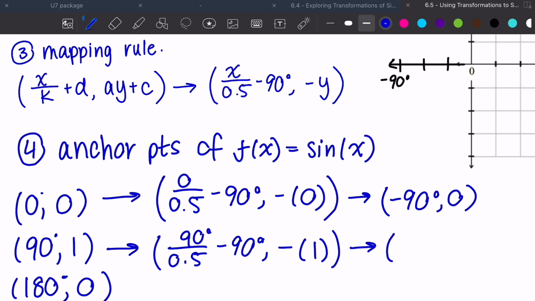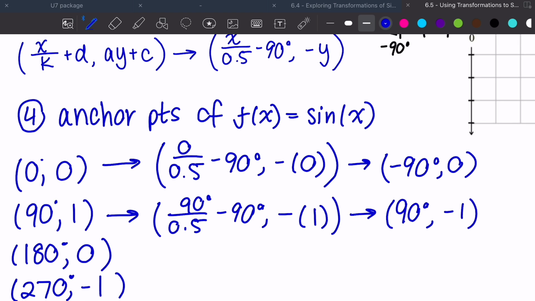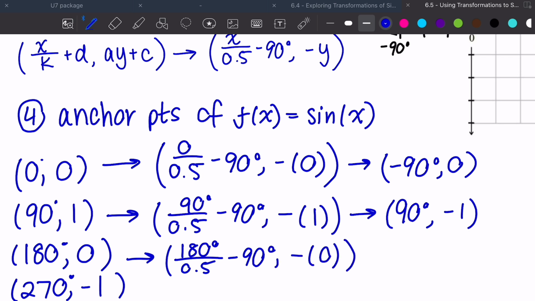That is going to give us positive 90, and then -1. If I go into 180, again, 180 divided by 0.5 is like saying 180 times 2, and then minus 90. And then again, -1 times 0. You'll see we're all the way at 270 now, and then back at 0.